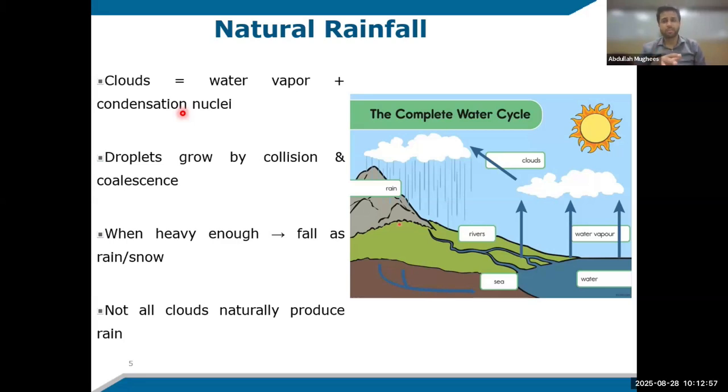Okay, so that is why this is not a very environment friendly method, because if you put the chemical into the clouds, that chemical is going to come to the ground as well. So silver iodide is not very friendly to the crops, not even humans. So we can't drink that water because that water would contain that chemical. The rain will happen, but it would contain that chemical.